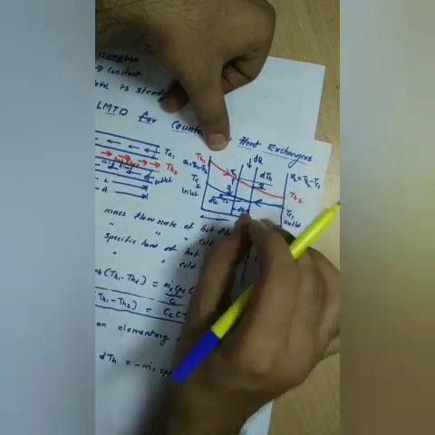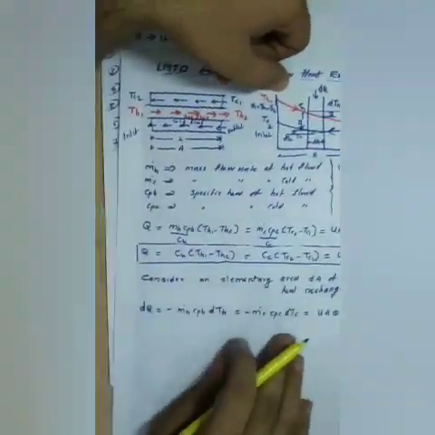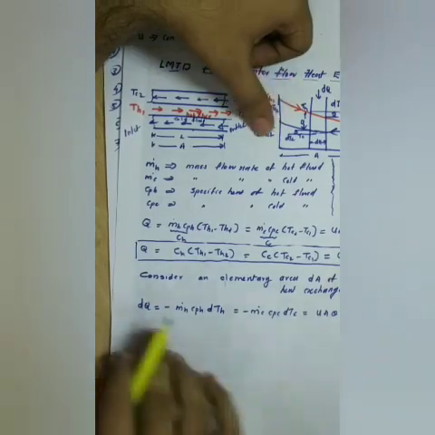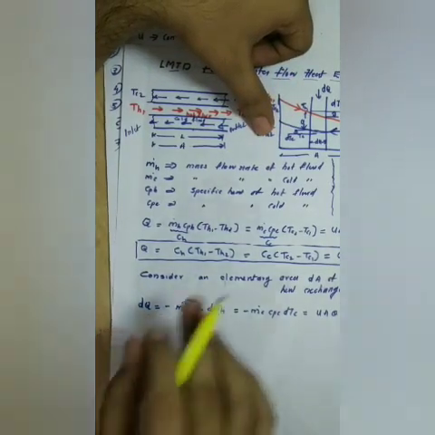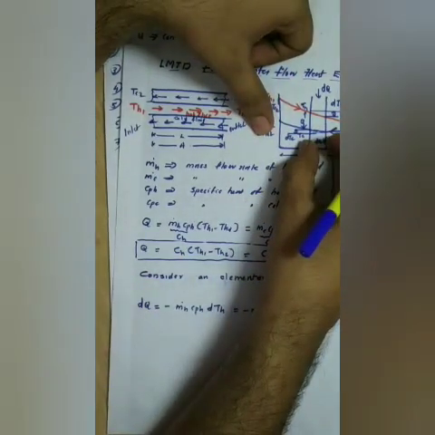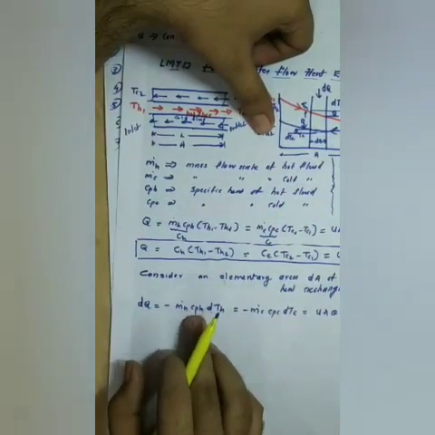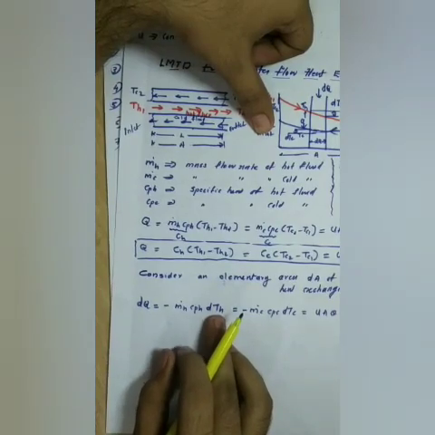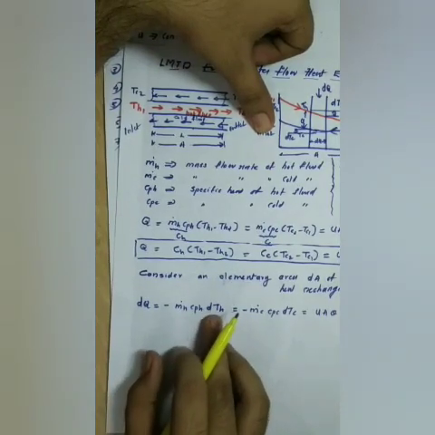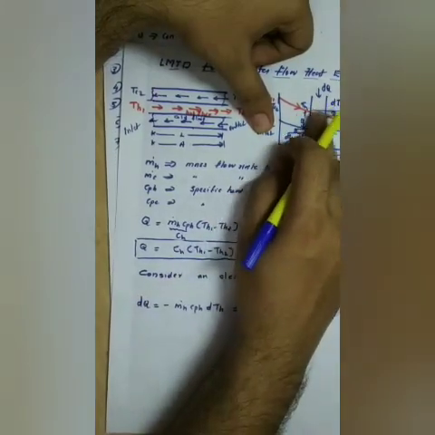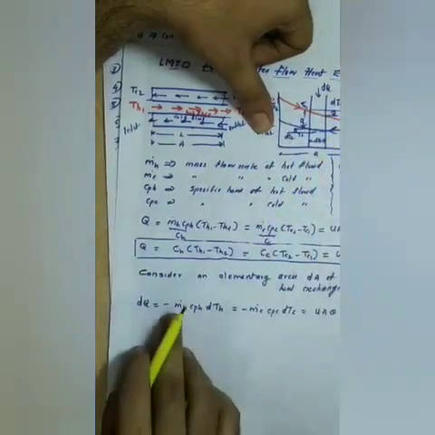Considering this small area, we can write the heat balance equation as follows: dQ is the heat transferred in this elementary area dA. So dQ can be written as minus mH Cph dTh. You can see a negative sign here because the temperature is decreasing, so in order to compensate, I have put a minus sign.